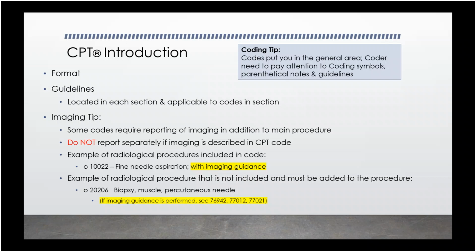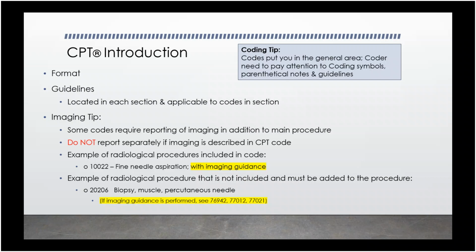Do not report separately if imaging is described in the CPT code. So again, you want to make sure that you're aware of the actual code description and you verify within the tabular, is imaging included in the code description or should we assign that separately? That is going to be one area that you are tested for the certification.